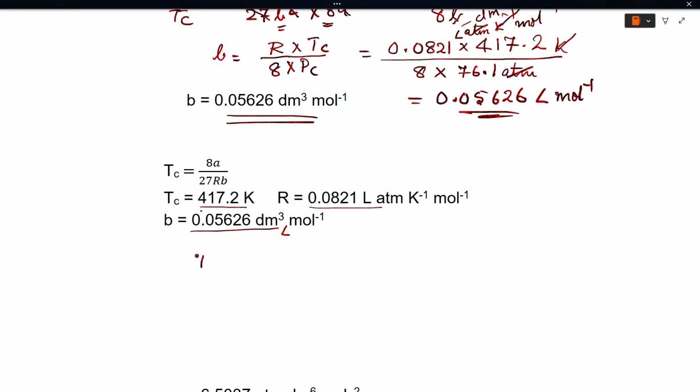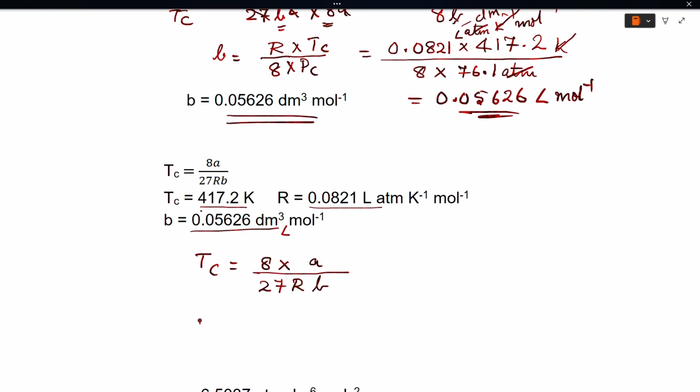Now, I am going to substitute Tc is equal to 8 into A divided by 27 Rb. Now, this is what we are going to solve for A. So, I will keep A on one side and take the rest to the other side.